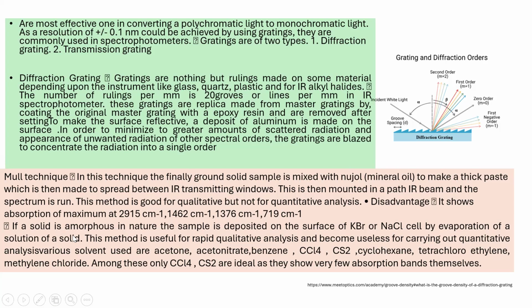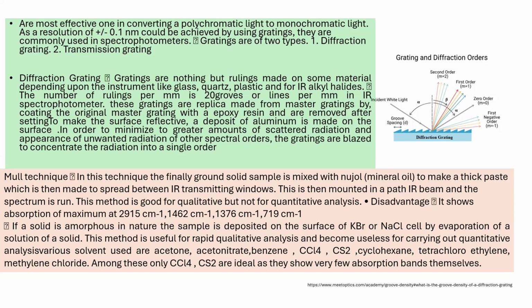Second, you can use another technique when your sample material is amorphous. You have to deposit it on the surface of a KBr or NaCl cell. How are you going to deposit it? You again solubilize it in a solvent, put a drop of that solvent on the cell, and let it evaporate.